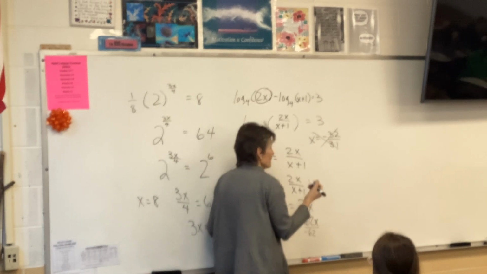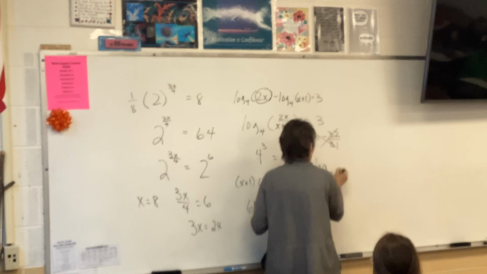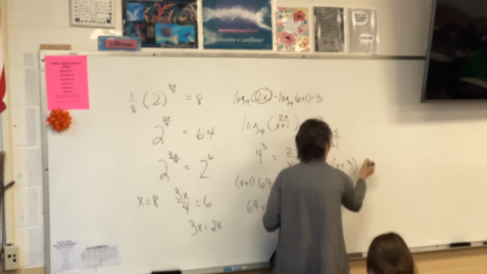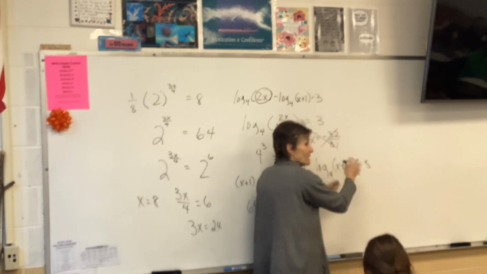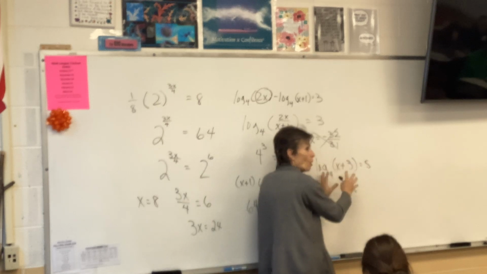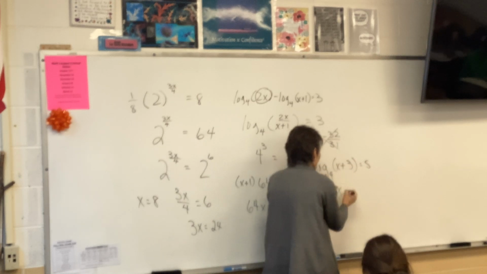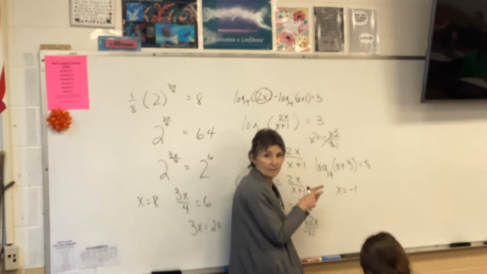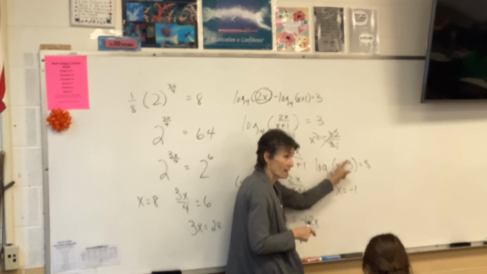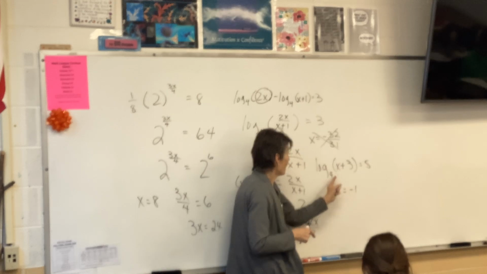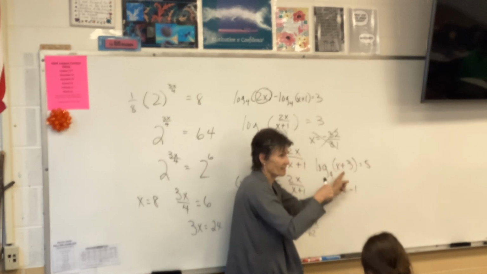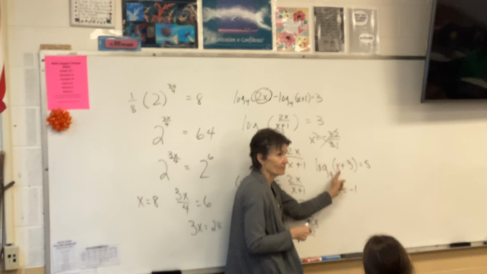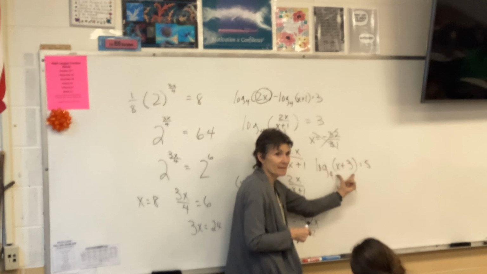Let's say I had a problem like this. I'm making this up totally. Let's say I solved this problem and I got negative 1 as my answer. That would be okay, because when I put negative 1 back into the problem, I'm logging a positive. This would be positive. This is what can't be negative.